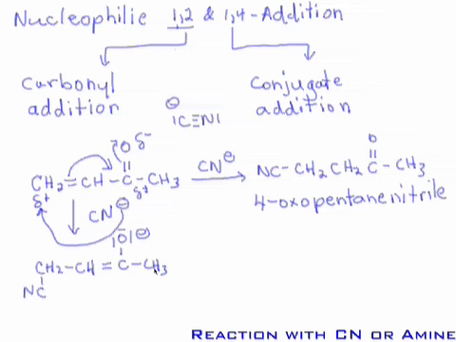Now, of course, enolates are resonance stabilized. We can dump these pi electrons, create a pi bond, and move these pi electrons out to the carbon. If we do that, we have a CH2, CN. The pi electrons became a lone pair on carbon, and we now have C double bond O. So the minus is at carbon now.